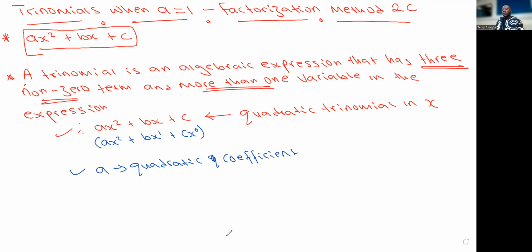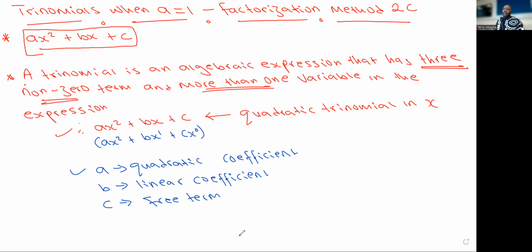B is the linear coefficient. And C is the constant or the free term. Does that make sense? So any of those names is fine. We've talked about all this before.